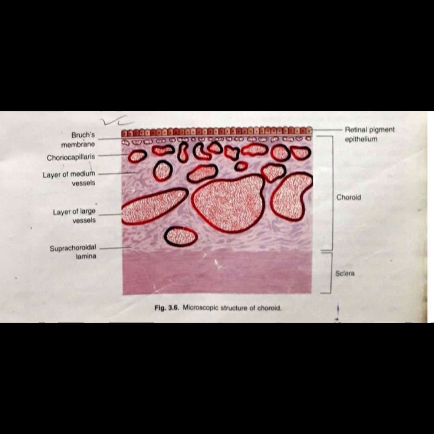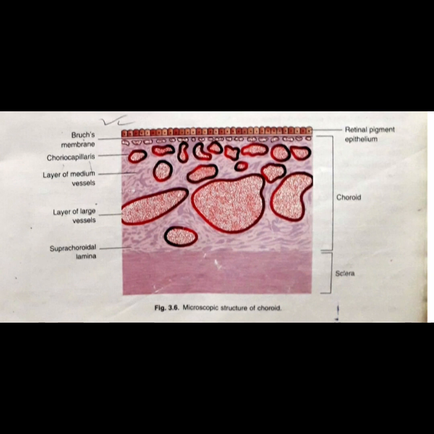Now coming to Bruch's membrane. Okay, so Bruch's membrane is the innermost layer of choroid and is approximately 2 to 4 micron in thickness. Okay, as I have said already, Bruch's membrane is the connection between the RPE, retinal pigment epithelium, of retina and choroid.